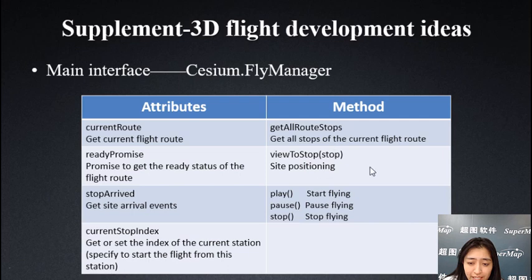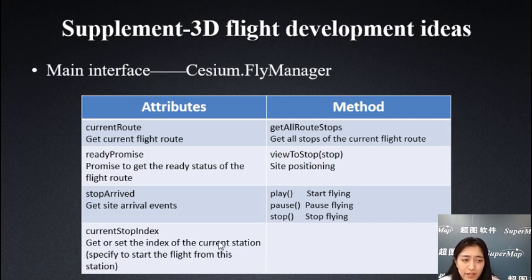You can locate the corresponding site, and you can directly locate the set location. Okay, let me repeat it. Maybe it's a little confusing, so you can consider it slowly.